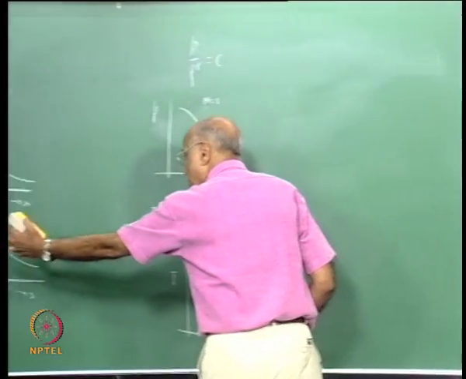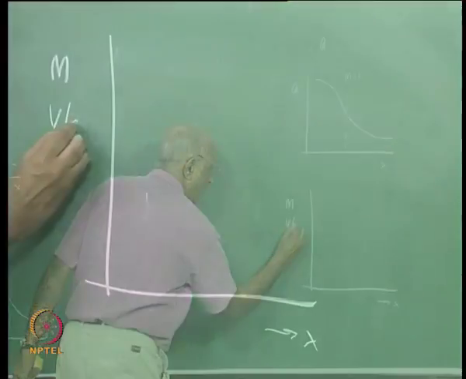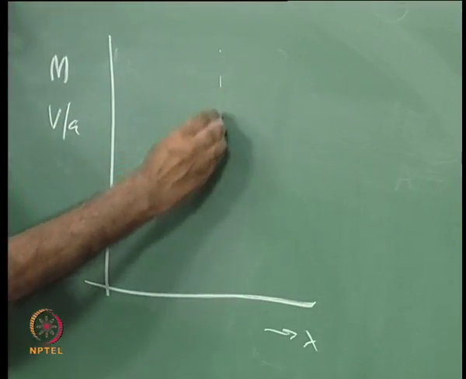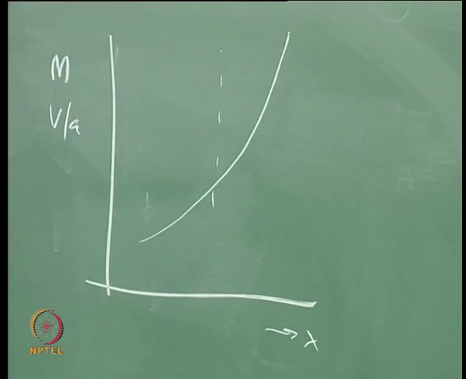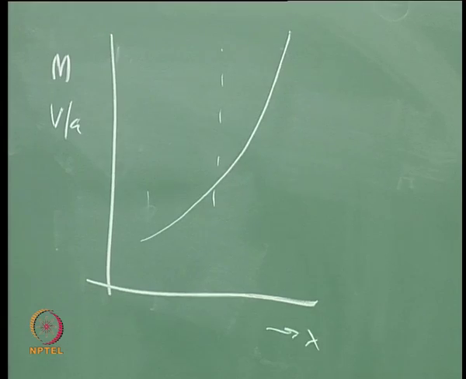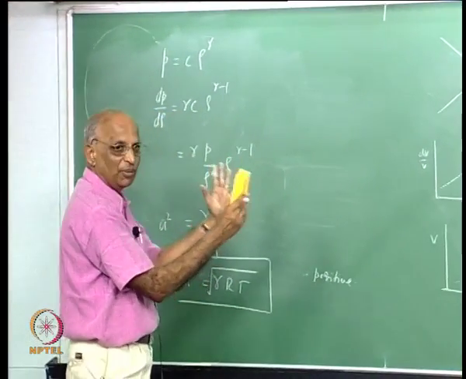The numerator is increasing, the denominator is decreasing because Mach number is equal to v by a, and therefore if this is my plane, it is going to come like this and go like this. I think this is fundamental to any nozzle flow, any expansion, and we must remember this.